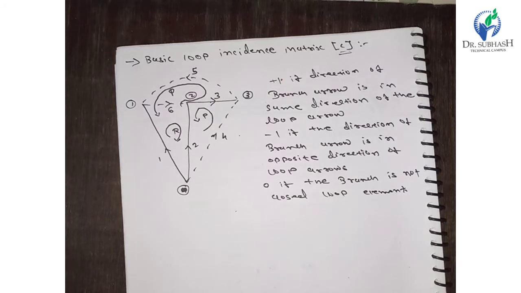When we take a table of branch versus basic loop, there is also the same form as in the basic cut set incidence matrix.